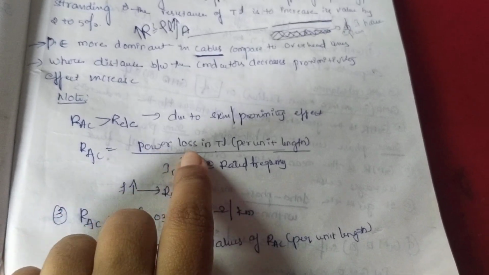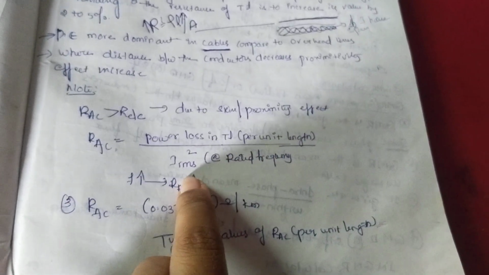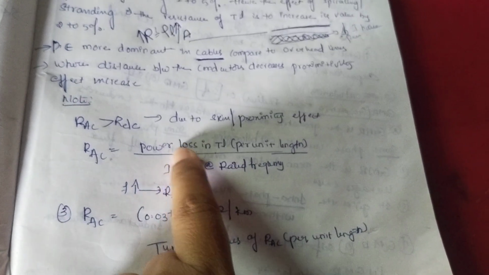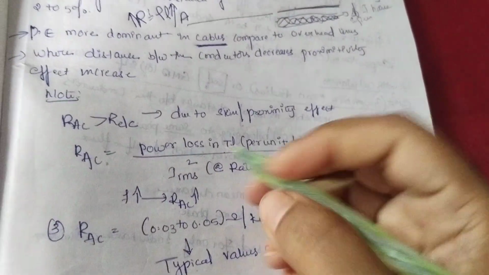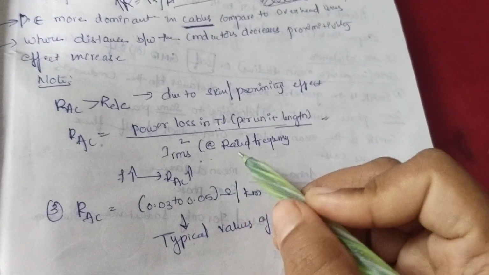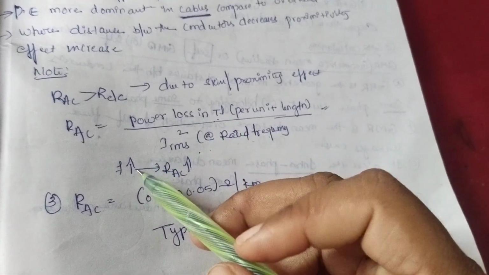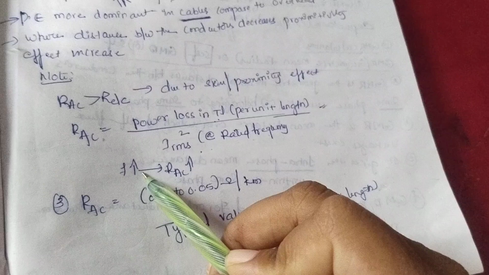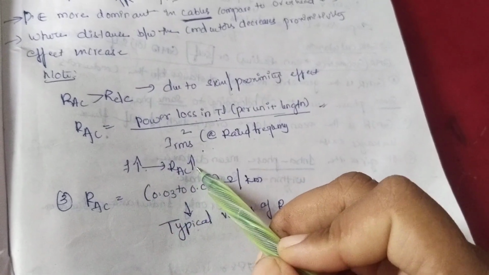So resistance is given by the formula: power loss in the transmission line divided by I_RMS squared, at the rated frequency. If frequency increases, R_AC increases. Why?